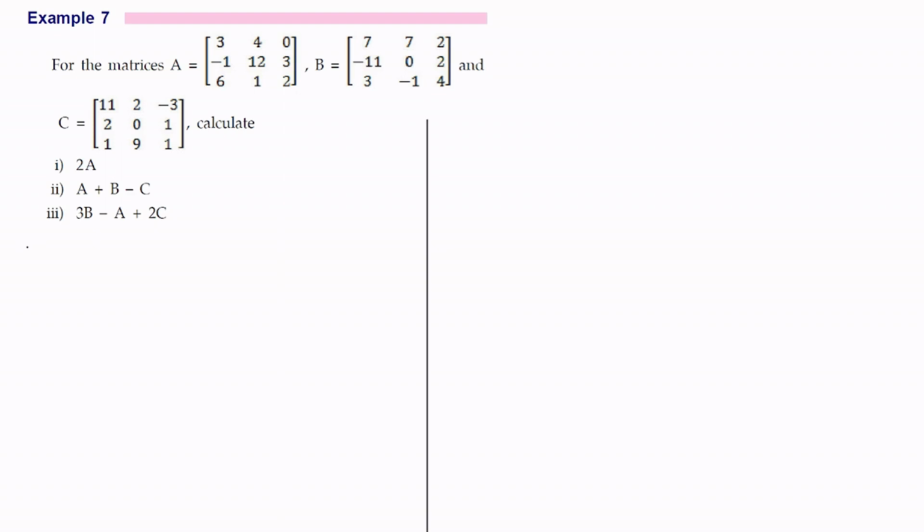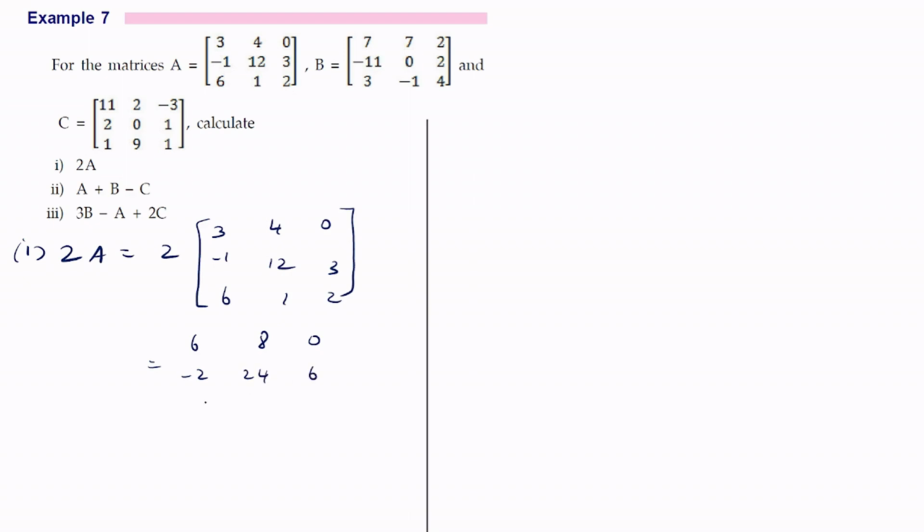The first one is 2A, which is 2 times the matrix A. So 2 into 3, 4, 0, minus 1, 12, 3, 6, 1, 2. We have to multiply each of these elements by 2. So it is 6, 8, 0, minus 2, 24, 6, 12, 2, 4.